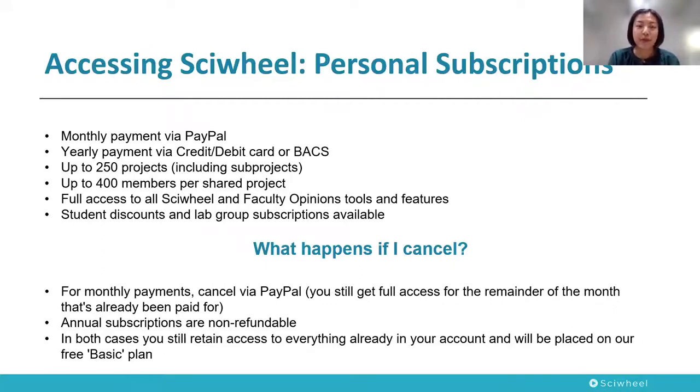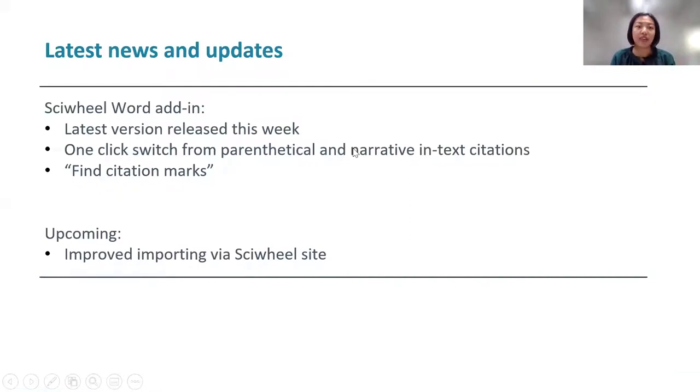Before going towards the Q&A, I just have a very short bit about some of the latest news and updates from our side. Hopefully you'll see in our Sciwheel Word add-in some of the features that Chris demoed, such as the find citation marks and the ability to have a one-click switch from a parenthetical to a narrative in-text citation.